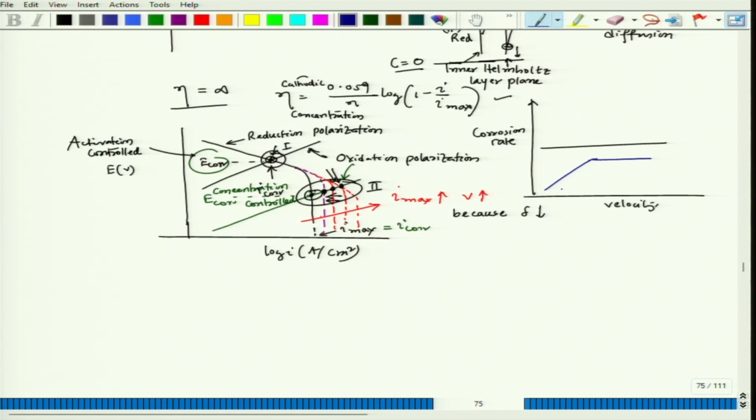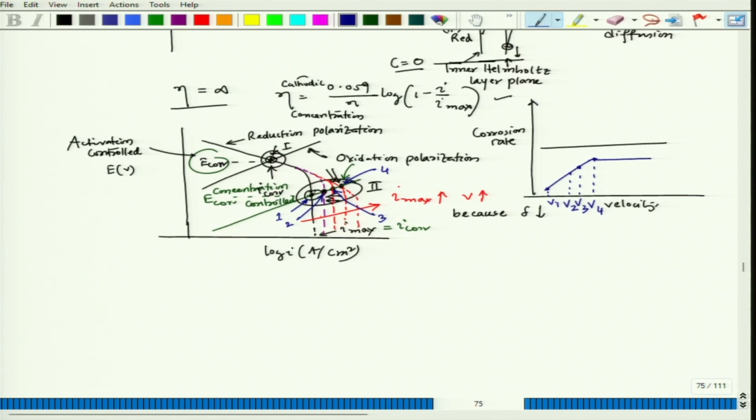So, if we give different markings to the points, this is, let us say, 1, this is 2, this is 3, this is 4. Once it reaches 4, this should be velocity 4, this is velocity 3, velocity 2, and this starting point, let us say, is velocity 1.